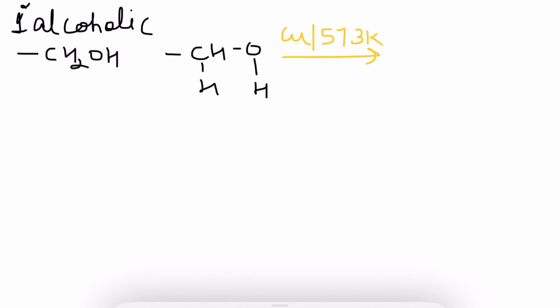In place of copper at 573 Kelvin, you can also use silver at 573 Kelvin here. So how does the dehydrogenation take place? These two hydrogens are removed, the hydrogen of oxygen and the hydrogen of the carbon next to oxygen. This results in the formation of CHO. So a primary alcoholic group on dehydrogenation results in the formation of aldehyde.